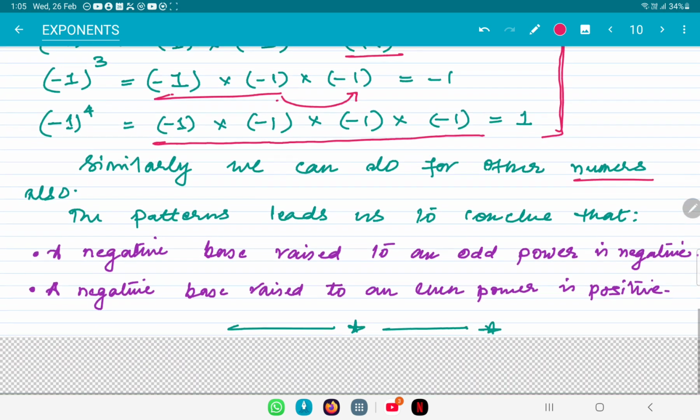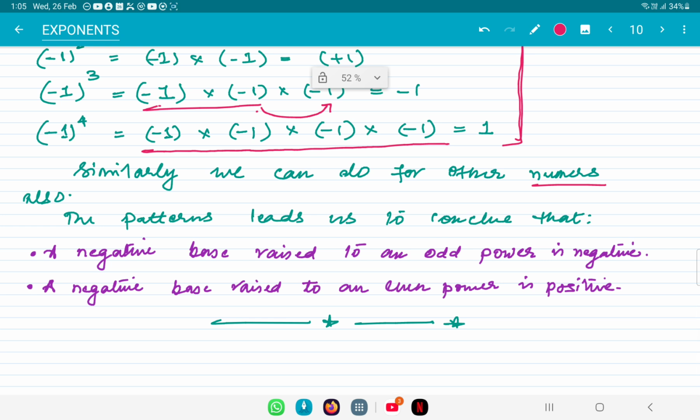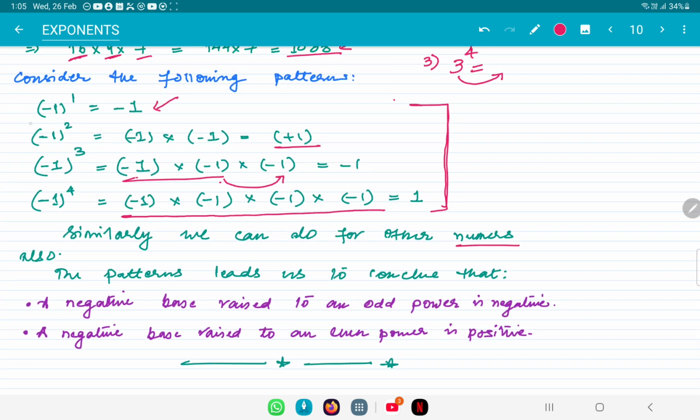What can we conclude from this pattern? A negative base raised to an odd power is negative. Negative base means that here all the bases are negative; minus 1 we consider as a negative base, because 1 is positive and in front of it there is a negative sign, so it is considered minus 1.